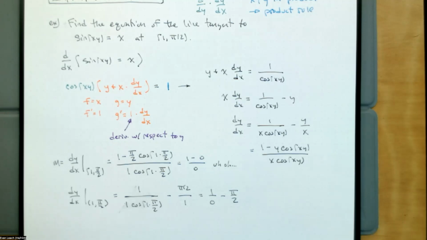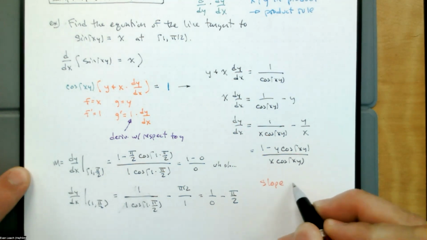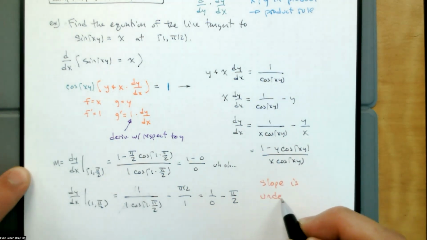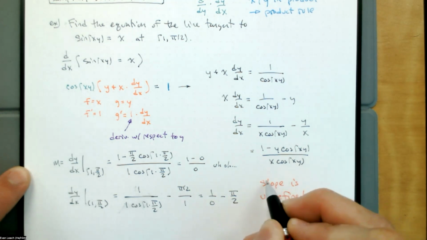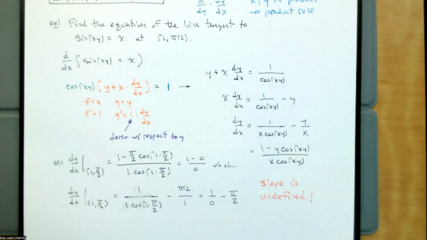What does it mean when we have a line with an undefined slope? Change in y is 1, change in x is 0. What kind of line does that?